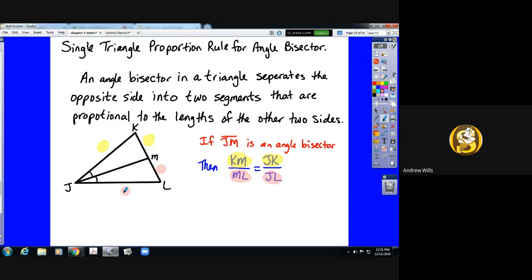The proportion of the top piece to the bottom piece is equal to the top side to the bottom side. Notice that again. Your two pieces, KM and ML: the piece that shares K with side JK, they're both on the top. The piece that shares L with side JL, they're both on the bottom.